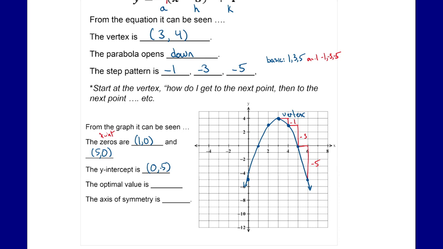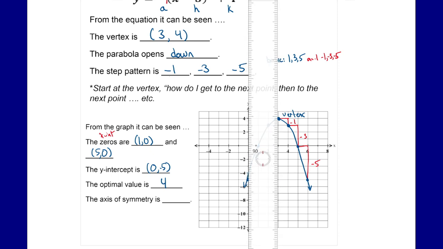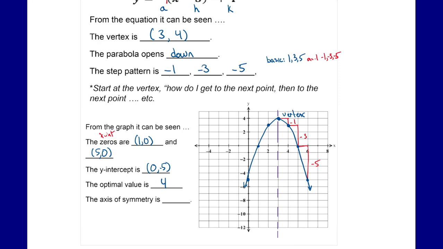The optimal value, remember, is the y value of the vertex, so this is 4. It is a maximum as well. And the axis of symmetry is the vertical line that divides our parabola in half. It goes through the vertex, and it is specifically the x value of the vertex. So x equals 3.